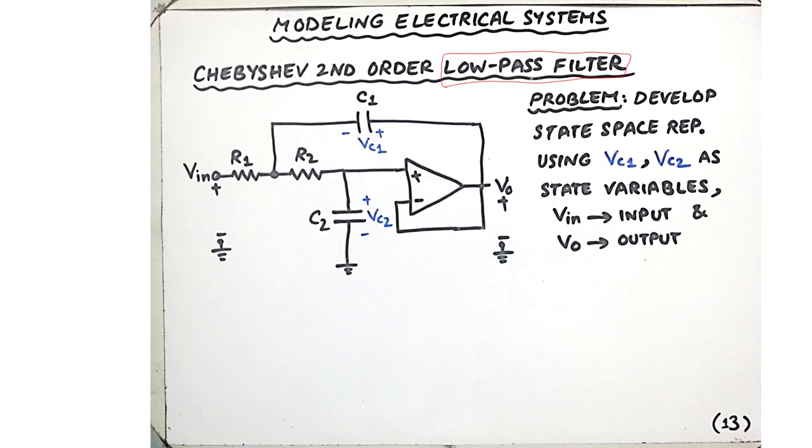The circuit is shown here. So we have input voltage that needs to be related with the output voltage. That's how one type of problem can be posed. But in this case, the problem really asks us to develop the state space representation in terms of the voltages across the capacitors C1 and C2.